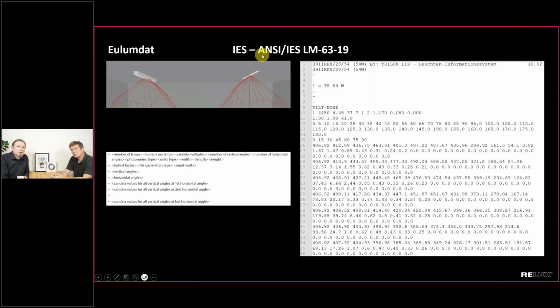There's a US American standard from ANSI. ANSI IES, they're doing standards together. The LM63, 19 is the year. There's a newer version. It's not the latest one, and I'm not quite sure. And this is the IES file format.